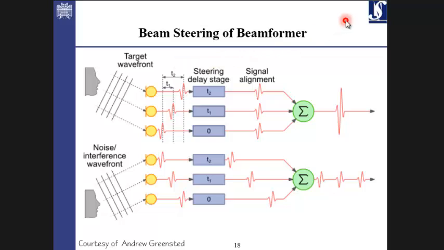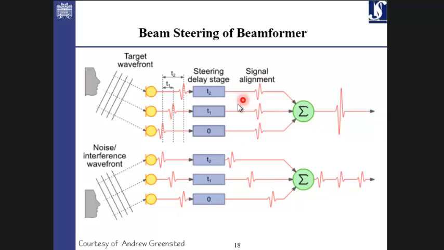One of the simplest ideas that comes after the definition of the beamformer is this: if we have some noise sources or interference sources and we have a desired source, then based on the idea of wave propagation, for that desired source or target, if we can align the signals of the microphones based on the time difference of arrival, then after the alignment they are synchronized, and if you sum them up, definitely the signal in the output would be a gained version of these aligned signals.